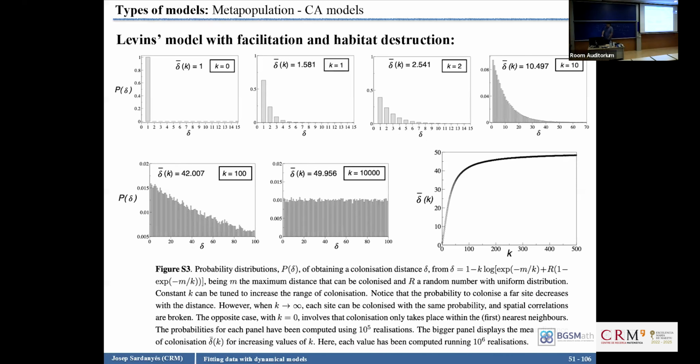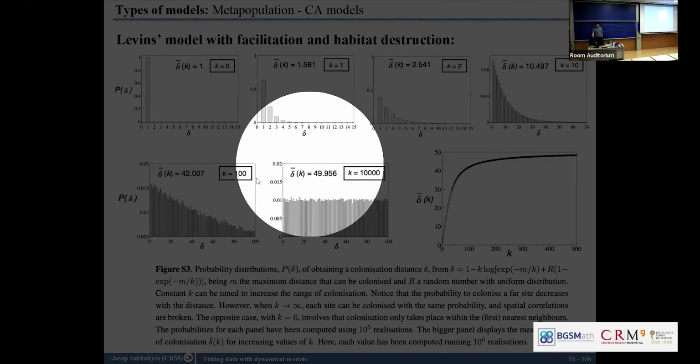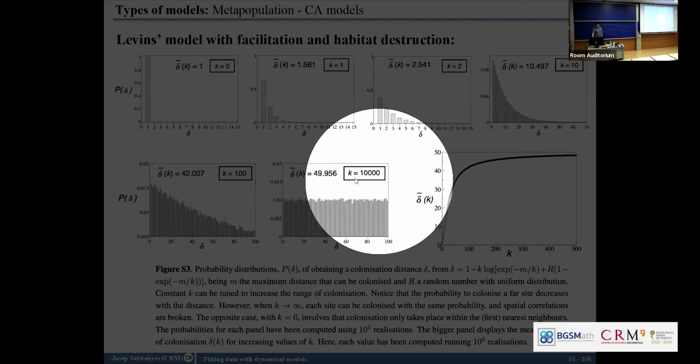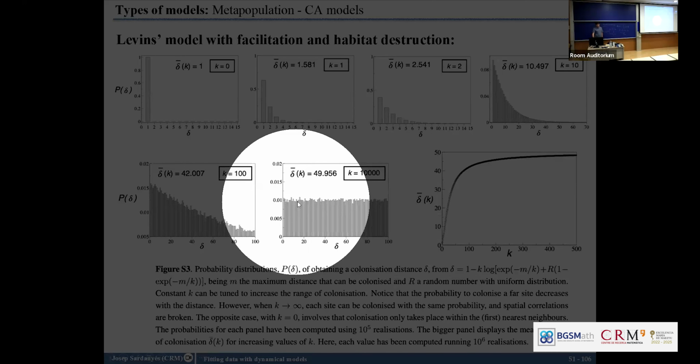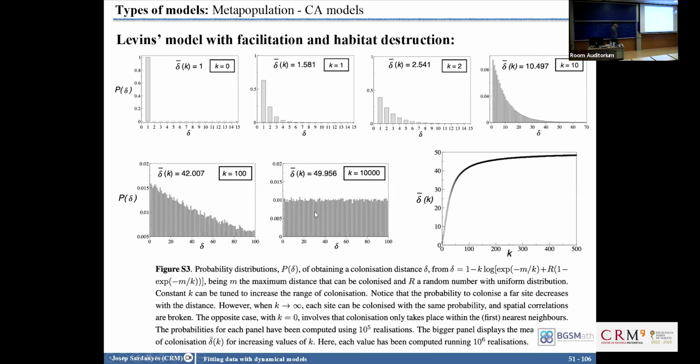And this happens when you increase K. For example, for K equal to 10,000, this is just a numerical approximation. Here we chose M to be 100. You will go anywhere. So you will have the same chance to go to the first neighbor or to the farthest one.